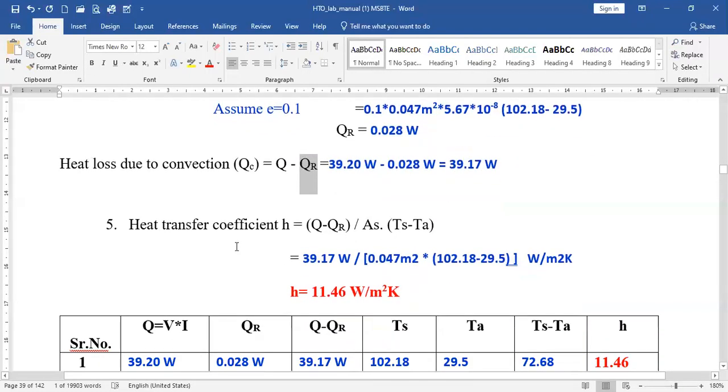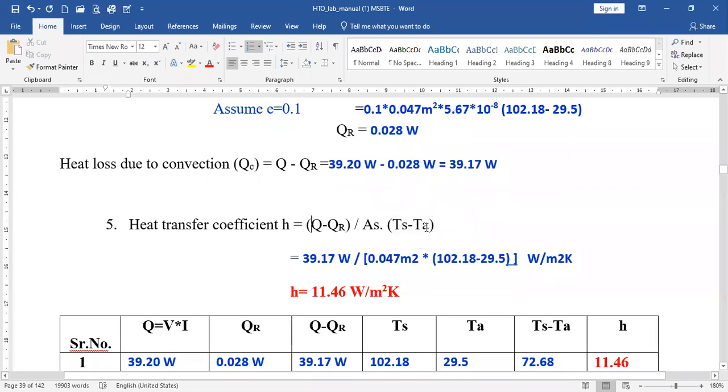Then we have to calculate this heat transfer coefficient with the help of the basic formula, that is Q upon A delta T. Now in this case, Q is nothing but the QC. So this QC is Q minus QR. This A is nothing but the AS, that is surface area, that is pi dl. And the temperature difference driving force is surface temperature average and ambient temperature.